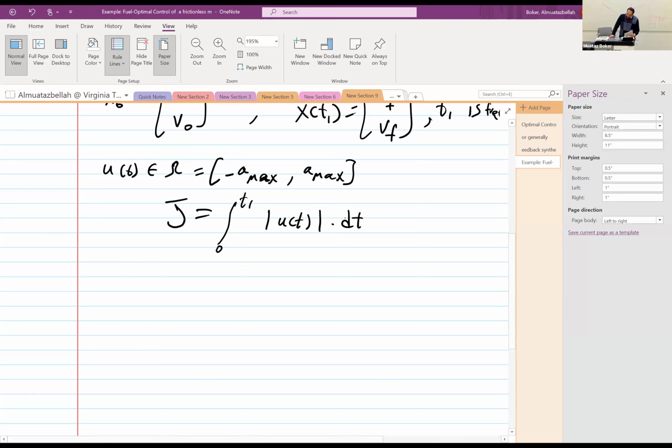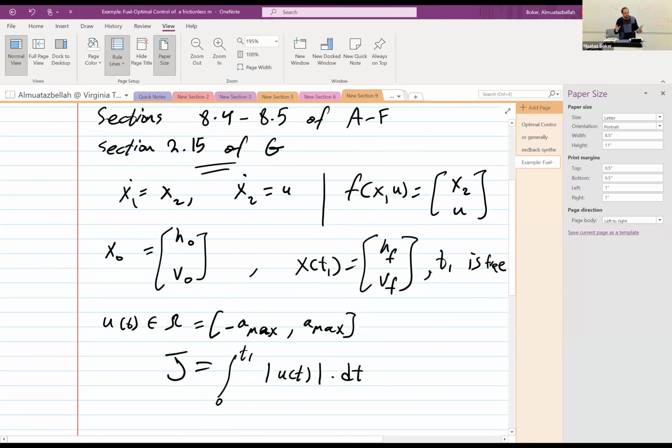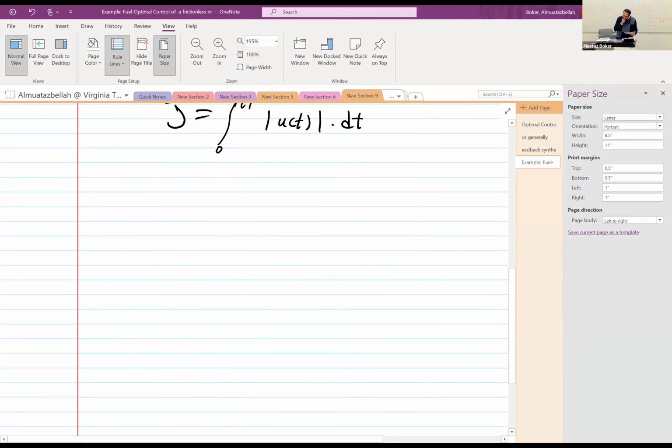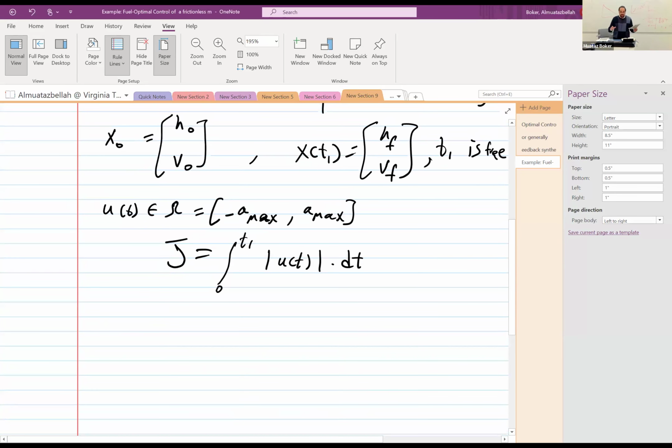So we want the magnitude to be as small as possible. We need to minimize the magnitude of u, the control effort. This is in chapter 8, which is called the optimal fuel problem. We want to move the system from point A to point B using as little energy as possible, or as little fuel as possible.